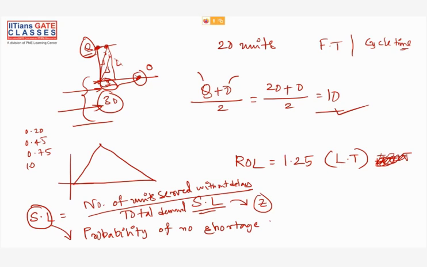I don't want the shortage level. So service level I can write as 1 minus probability of shortage.